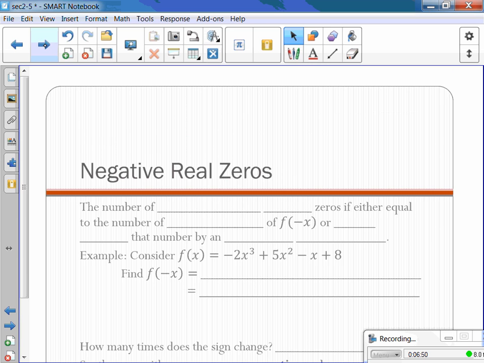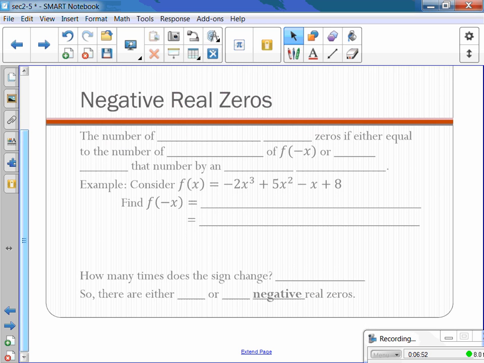Negatives. To determine the number of negative real zeros, it's either equal to the number of, again, sign variations, but this time not of f of x, of f of negative x.